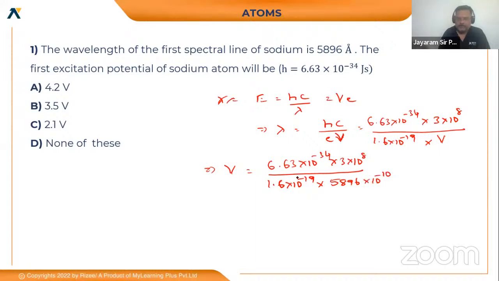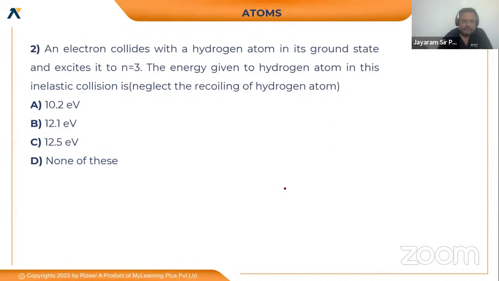I'm just directly going for an approximation here. This approximately goes for 5 times, 1 by 5, so nearly your answer should be 2.1 volts, because it is coming out almost 1 by 5 in that range. 1 by 5 will be 0.2. Adjusting the powers, you will get it obviously.